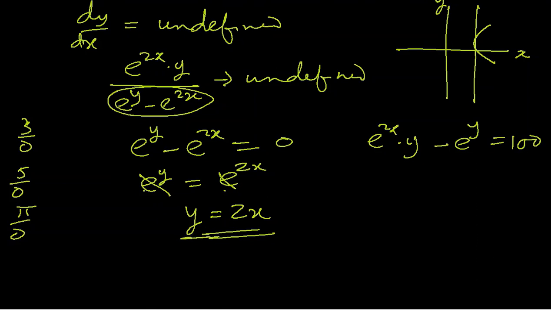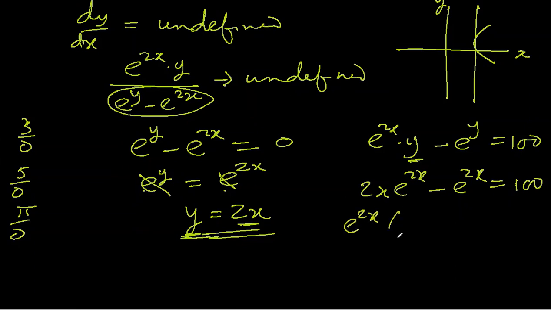So y is equal to 2x, so 2x e to the power 2x minus e to the power 2x equals 100, right? I replaced y by 2x. Let's take e to the power 2x common, because both of them have this, and we are left with 2x minus 1 equals 100.